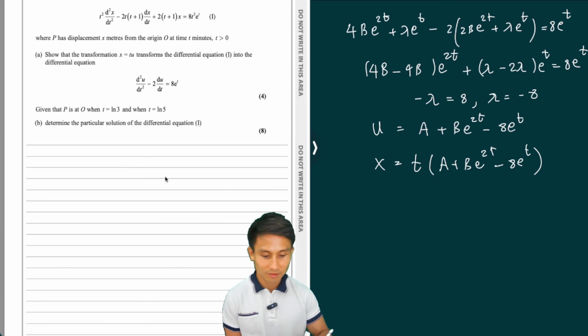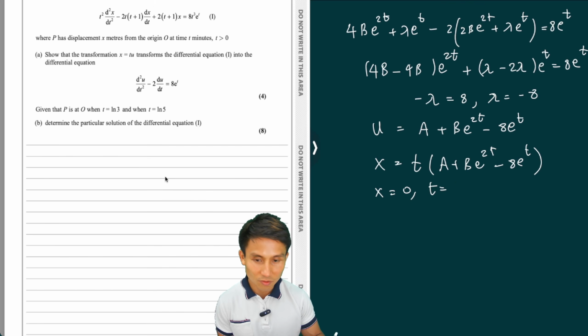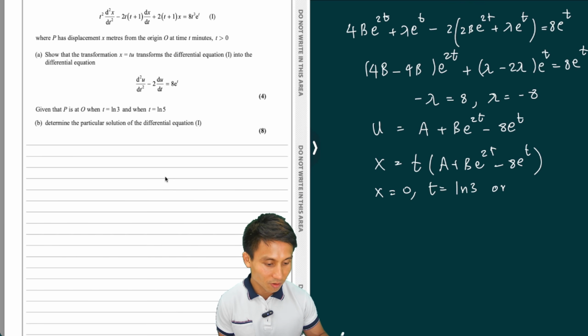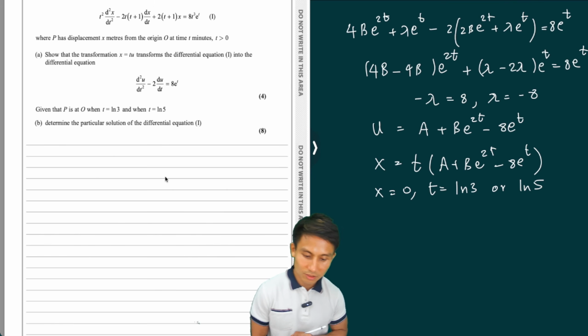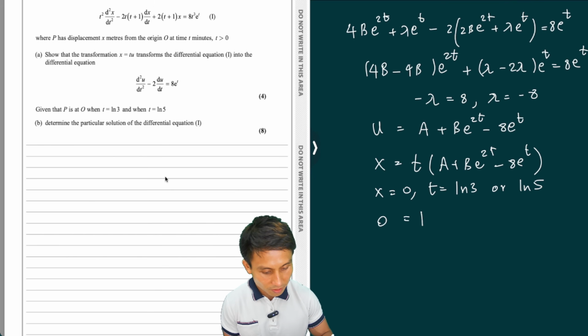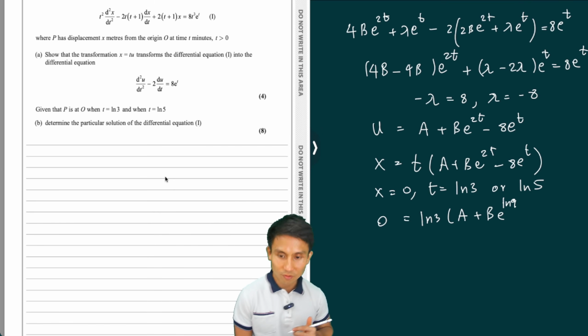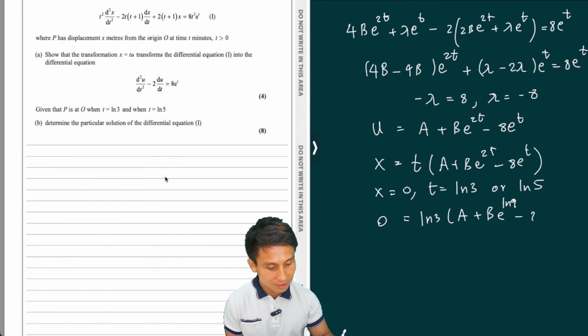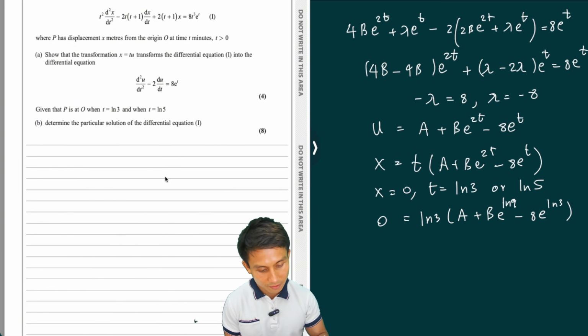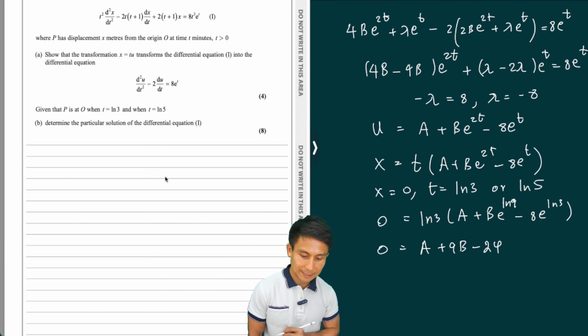Then we put in the conditions, given that P is at the origin, so x equals 0 at t equals ln 3 or ln 5. So 0 equals ln 3 times a plus b e to the 2 ln 3, which is ln 9, because you put the 2 as a power of 3, and then minus 8 e to the ln 3. ln 3 can cancel, so I get a plus 9b minus 24.